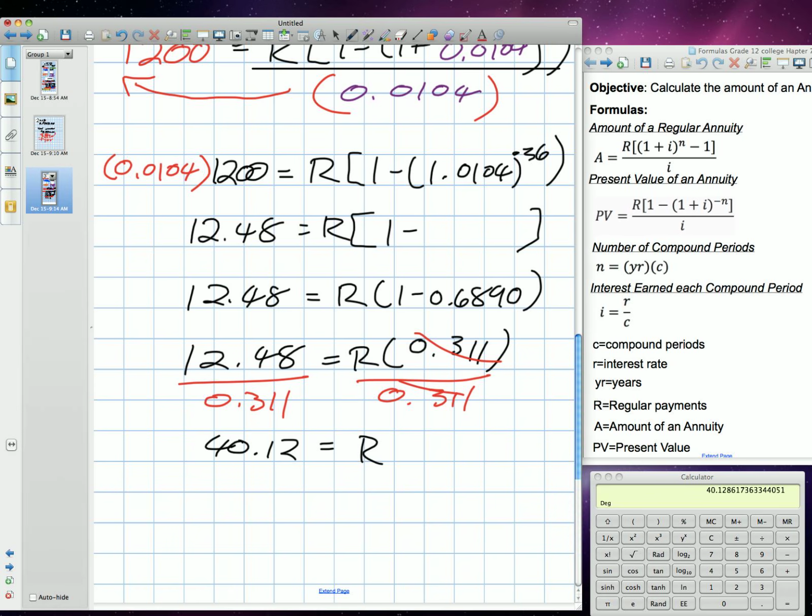So he needs to put in $40.12 every month in order to pay off this loan after 3 years.